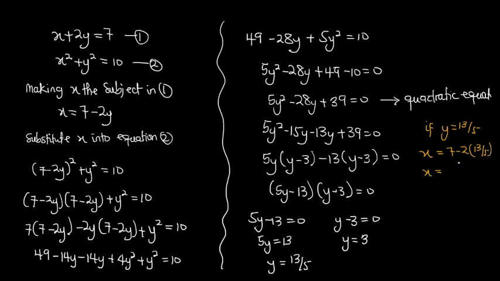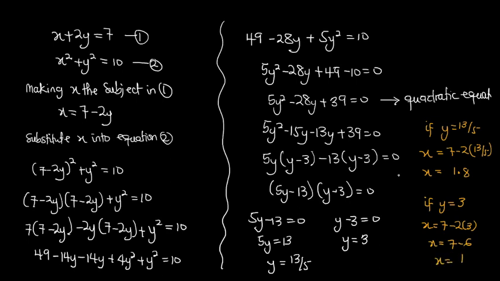If you compute this on your calculator, you're going to get x to be 1.8. Now if y is equal to 3, then x is equal to 7 minus 2 into brackets 3, which gives me 7 minus 6, and x is equal to 1.